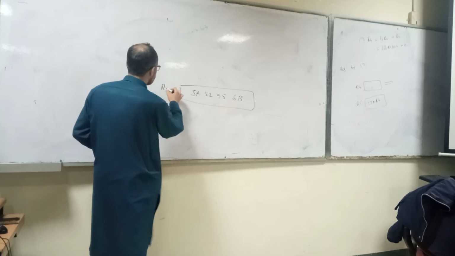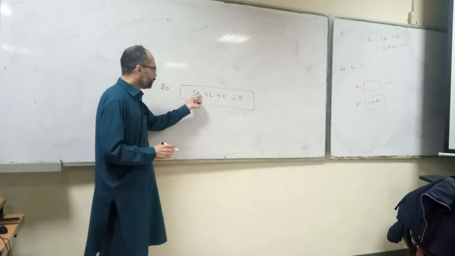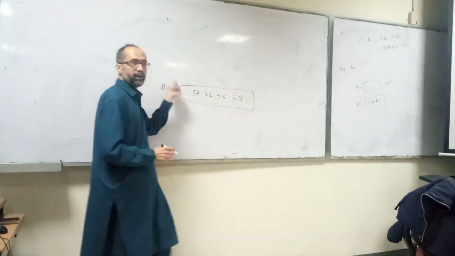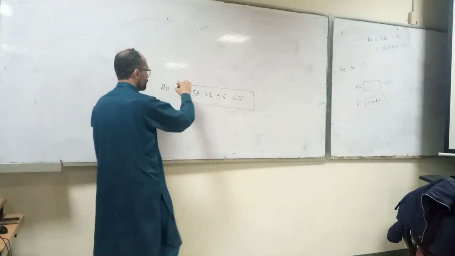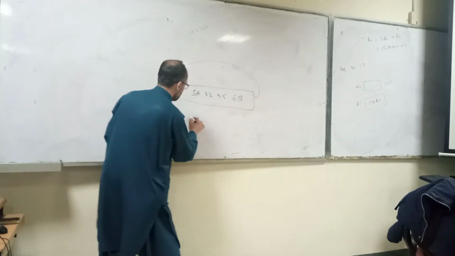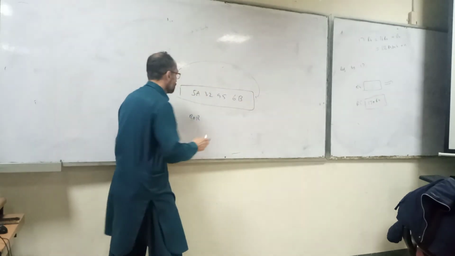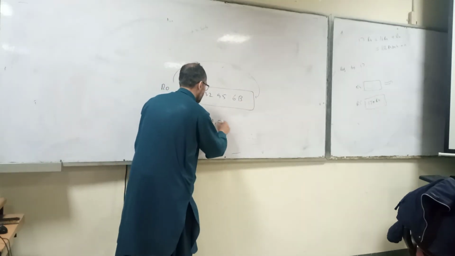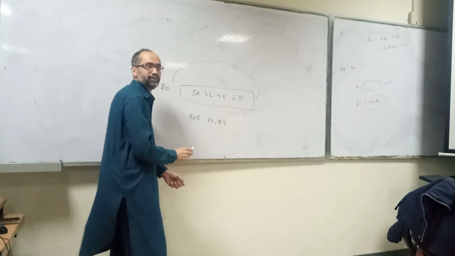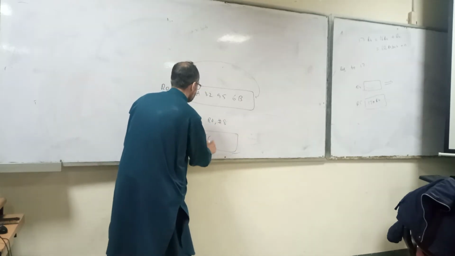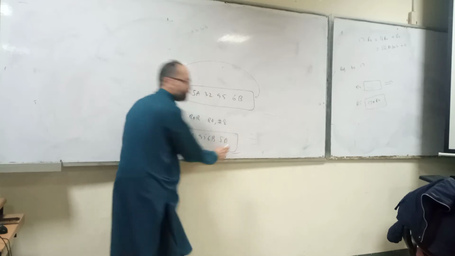If this is register R0 and I want to move this 5A here, I will rotate using ROR, rotate right, R0 with 8. What will be the new content? 32956B58.